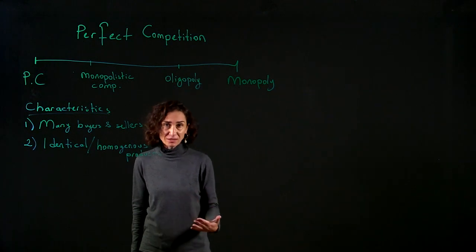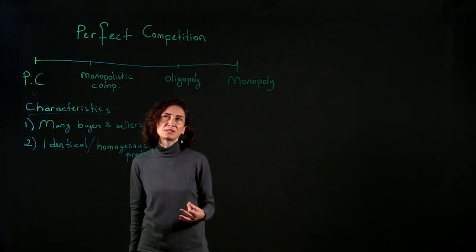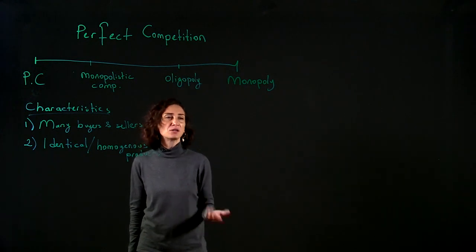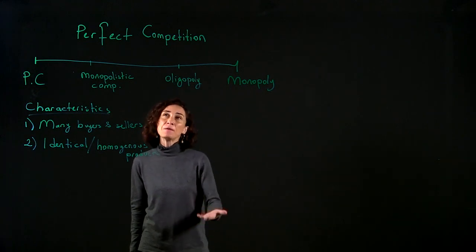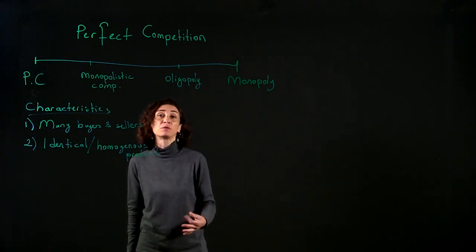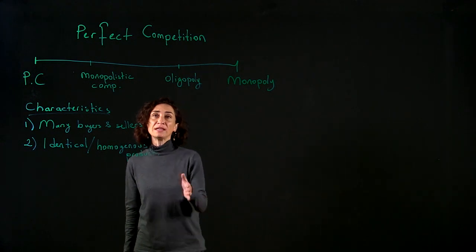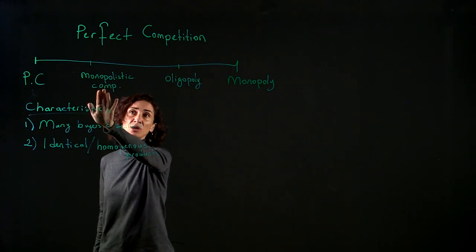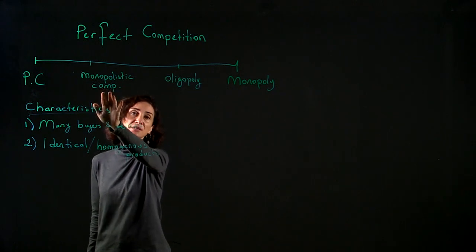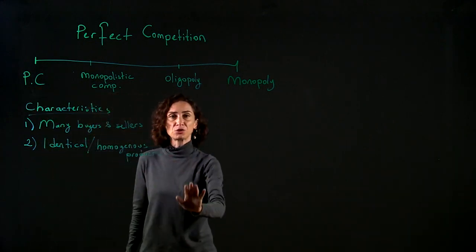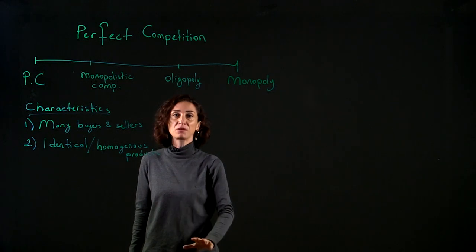And in many markets, even when companies are selling very similar products, because in modern economies advertisement is so important, we might have a perception that these products are different just because of the brand name. So in those markets, for instance, later we will talk about monopolistic competition. In such a market structure, an important quality we will see is differentiated products. But in perfectly competitive markets, there is no differentiation. They are selling exactly the same thing.